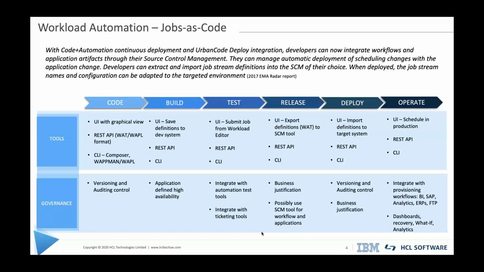We want you to be able to use DevOps processes applied to workload automation definitions, and so we are ready to take suggestions and requirements. This was a parenthesis, so let me go forward with the other steps.